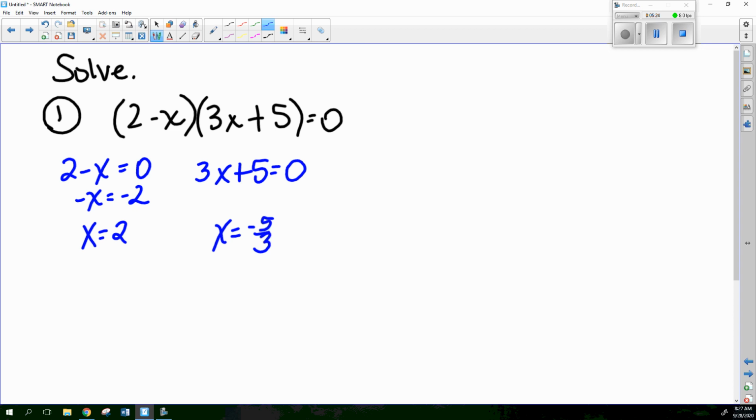Okay, so let's bump it up a notch. This one I'm not factoring for you, but I am making sure it's already equal to 0. So step 1 is done. Now, how do you factor something like that? What do you always look for first?